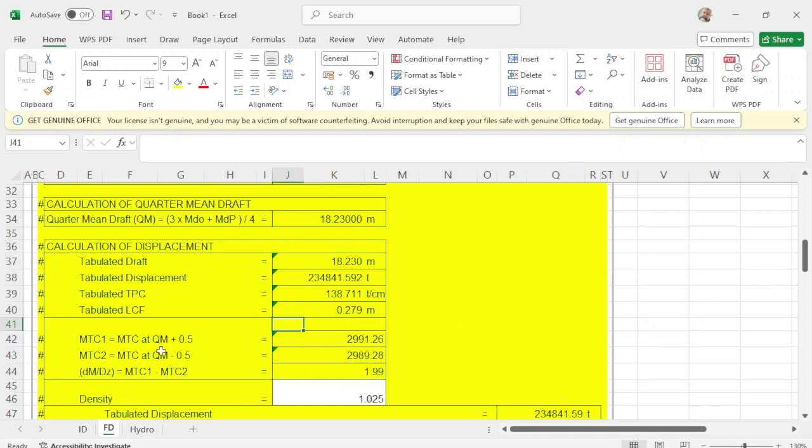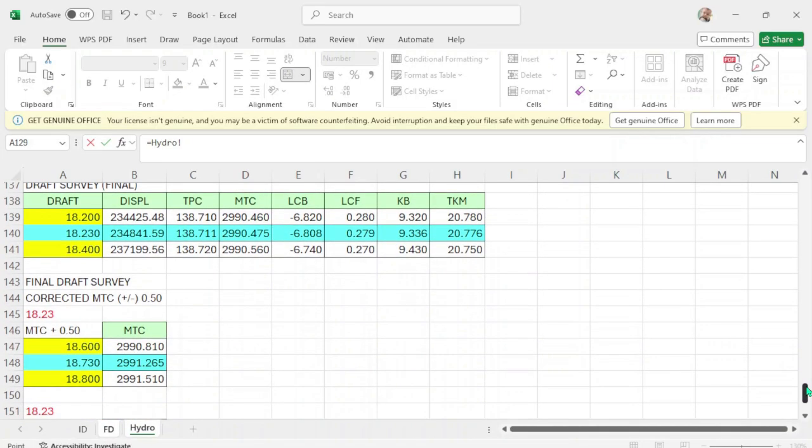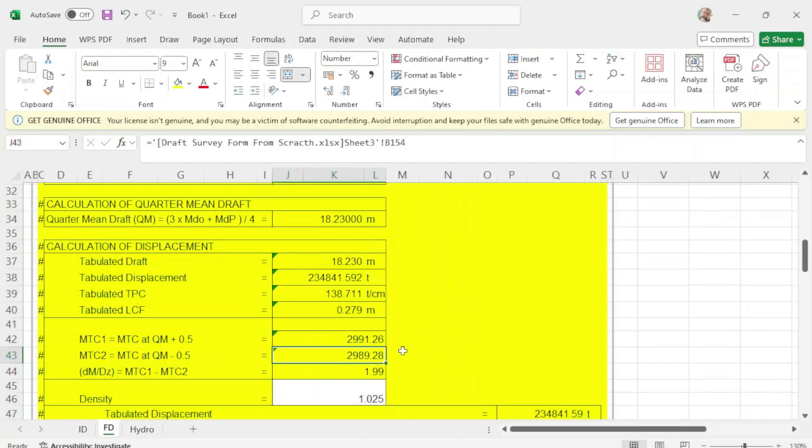Then you will go now to MTC for plus 50. You press equals. Then you go to MTC in the hydrostatic table. Scroll down. So 1823 plus 50, that will be 1873. This will be your MTC interpolated. You click this one and you press enter, and you will go here.